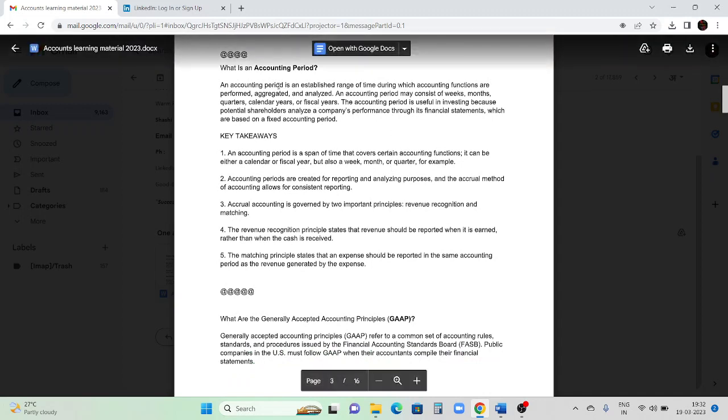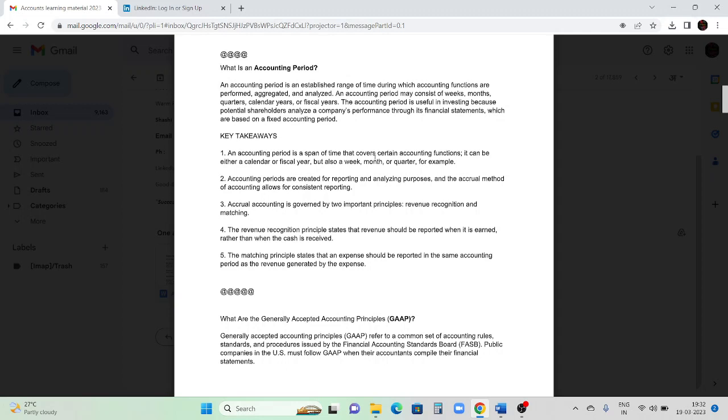Next is accounting period. An accounting period is a span of time that covers certain accounting functions. It can be either a calendar or a fiscal year, but also it can be a week, month, or a quarter. Accounting periods are created for reporting and analyzing purposes, and the accrual method of accounting allows for consistent reporting.